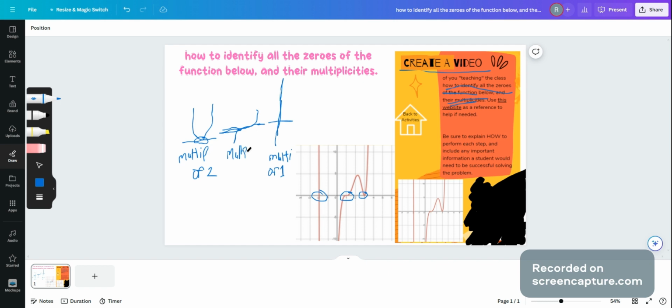That is important to remember. Of 3, 2, and 1. And these numbers will also help you find the degree.